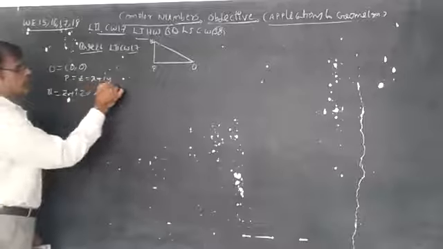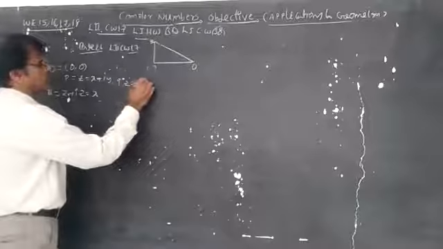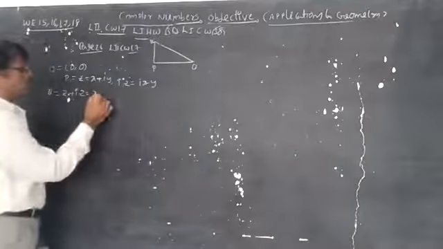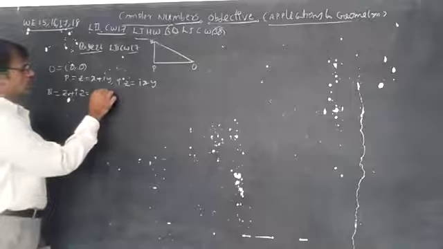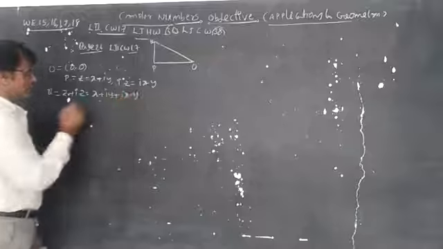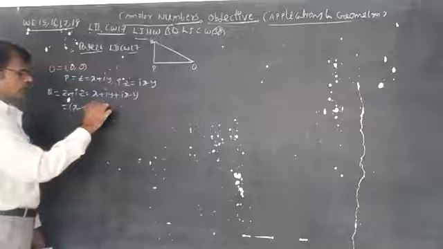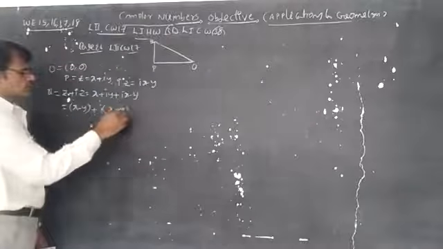Multiply here, iZ becomes ix minus y. So x plus iy plus ix minus y is equal to x minus y plus i taken common, x plus y.